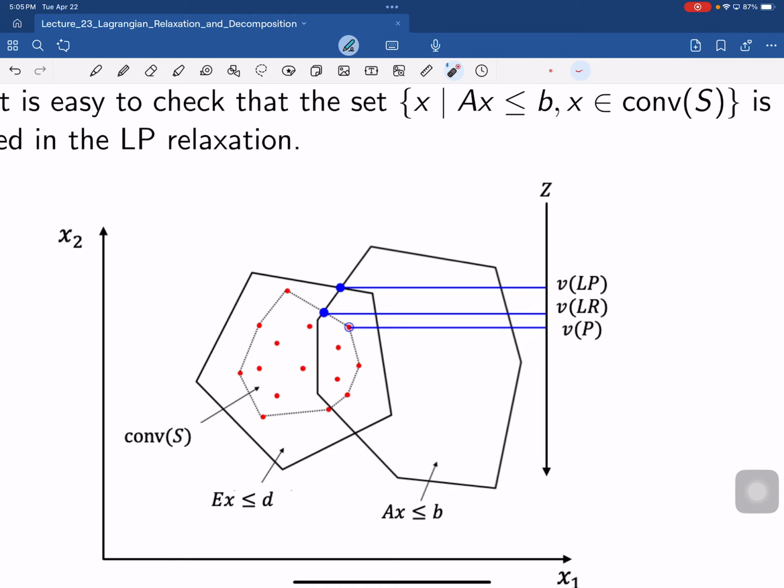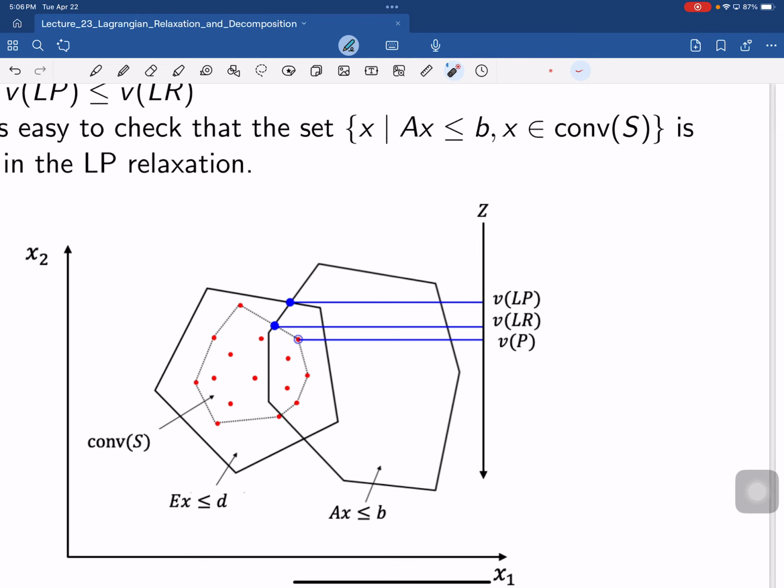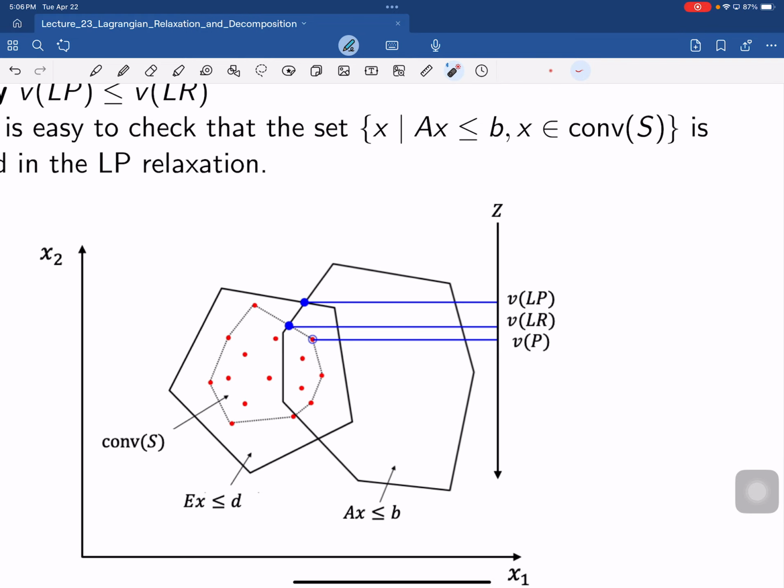Now, what is the optimal solution of the Lagrangian relaxation? Remember, the primal characterization tells you it is the convex hull of the constraints you did not dualize. The constraints you did not dualize are these linear constraints plus the integrality constraint. So the convex hull of the constraints you did not dualize is this shape in the dashed line here.